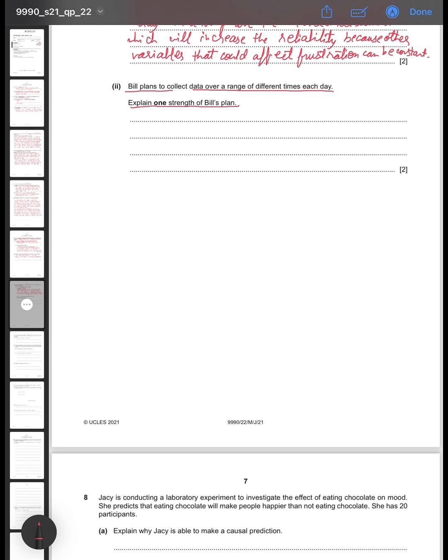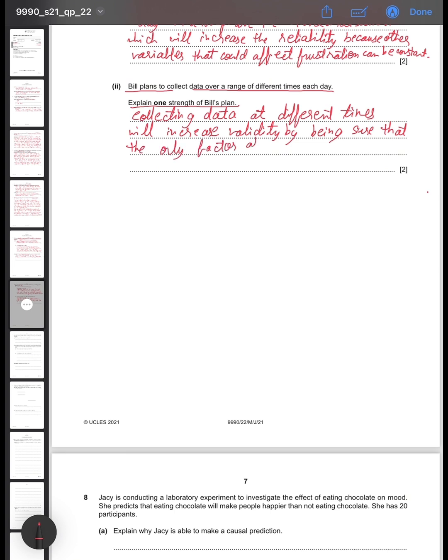Now, Bill's plan can help because collecting data at different times will increase the validity by being sure that the only factor affecting frustration is age and not when people travel.